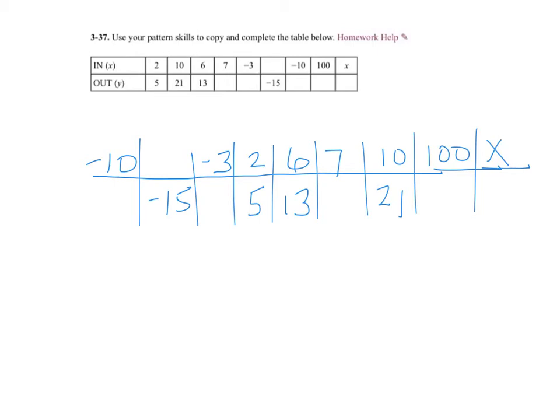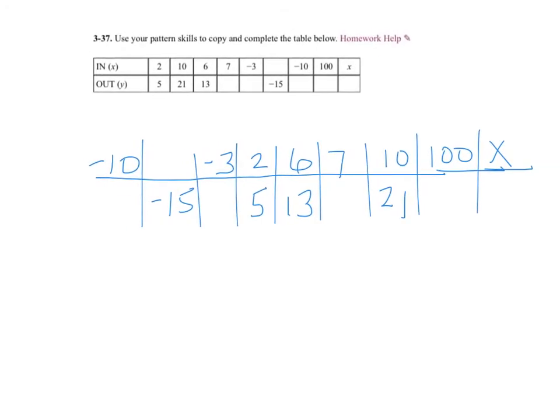So what I did was I took the x values of the table and wrote them from least to greatest going across the top, and then of course I made sure that the y values were in the places that they should be. Now we do know that this negative 15 is going to go here because we already know that was negative 8. But when in doubt, you can always just stick it at the end and worry about it later.